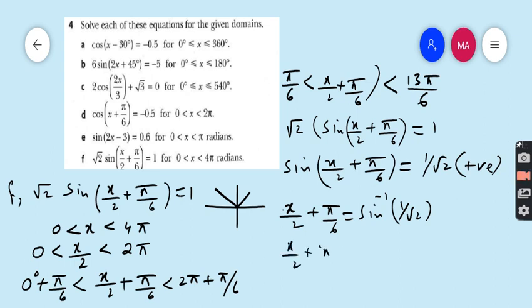Sine inverse of 1 upon root 2 will give you pi by 4, and this already lies in the first quadrant, so this is our required angle. For the second quadrant we must subtract this value from pi. Pi means 180. So pi minus pi by 4 is 3 pi by 4.